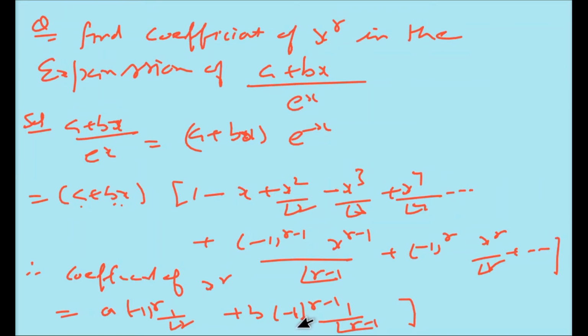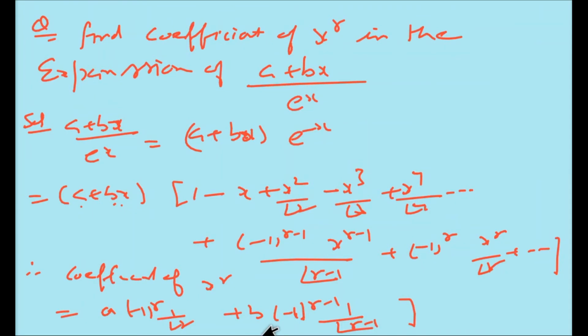Now we can write it this way, factorial r minus 1.